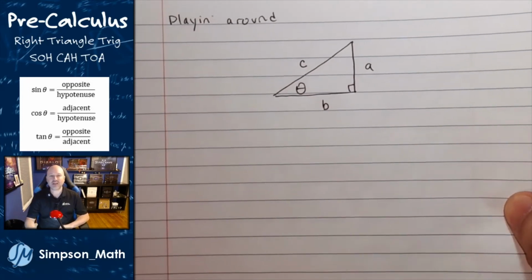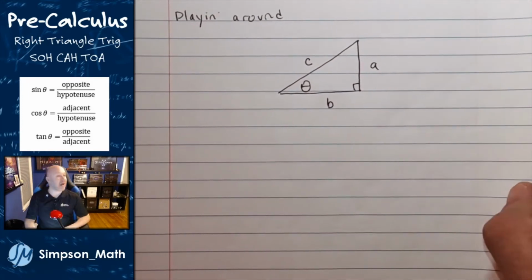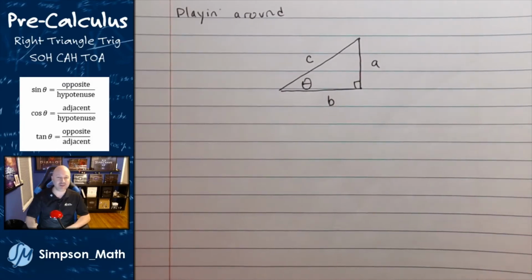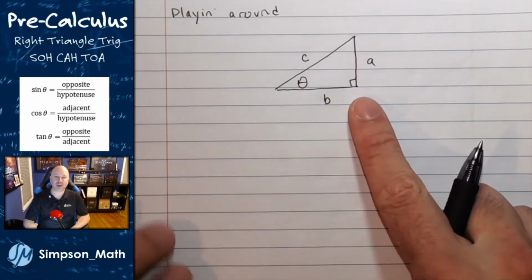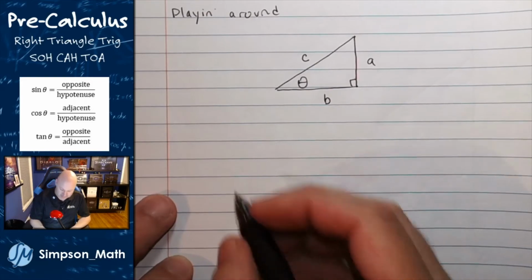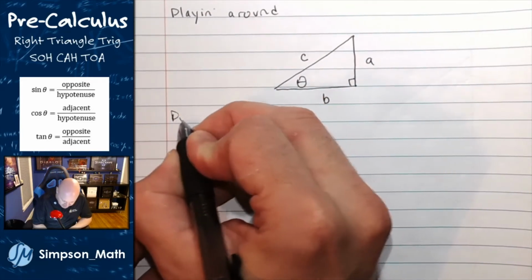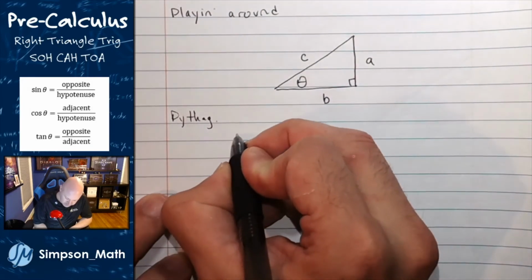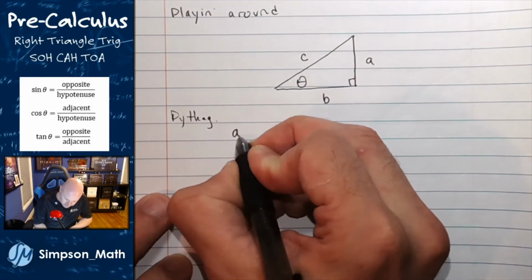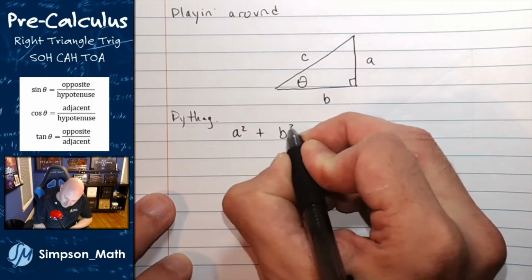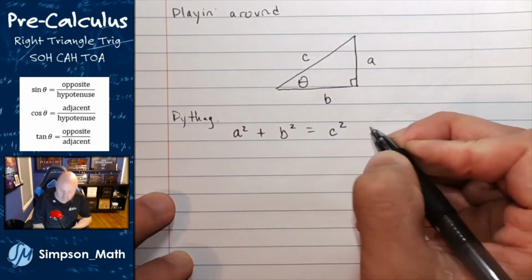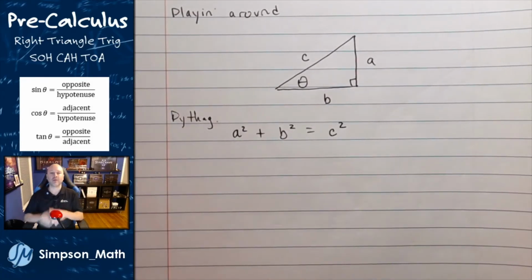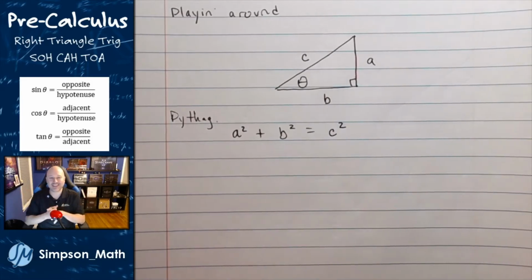And I know that the Pythagorean theorem is always true for right triangles. So I'm going to play around with it. Just playing. Cool. Nice. Nice little equation we're all familiar with.